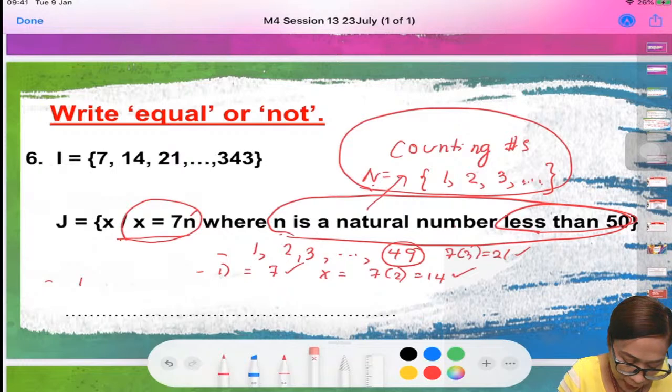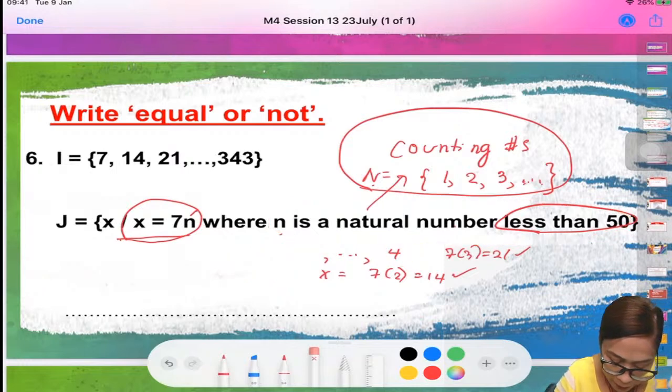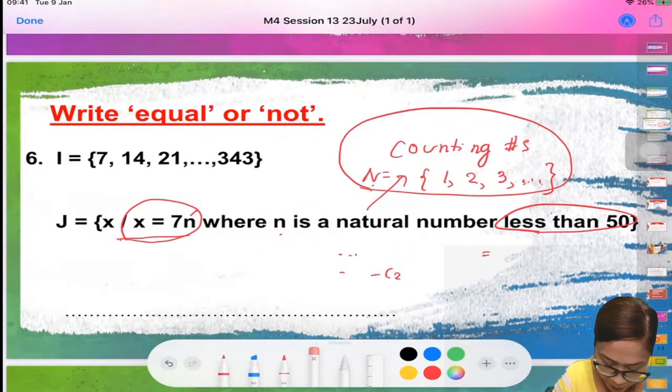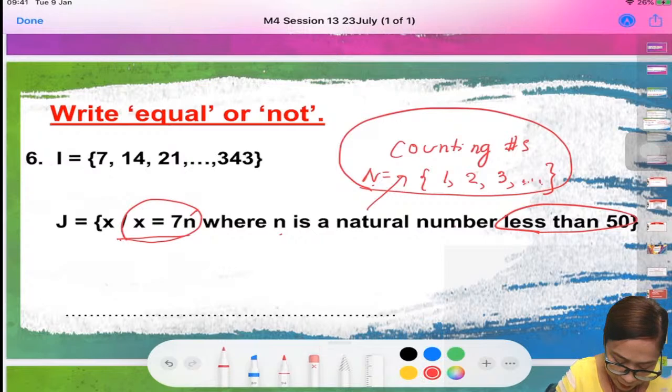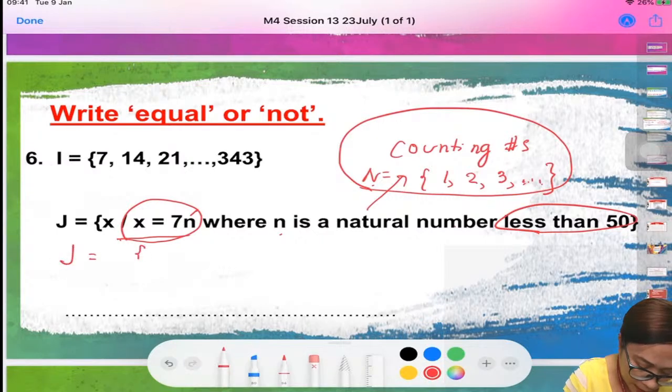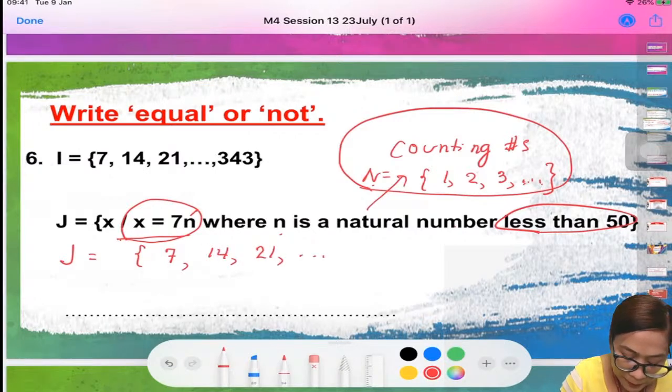So if you are asked to write the answer in roster form, let me erase quickly. So J is equal to the set of the first answer that we had, 7 times 1, which is 7. 7 times 2 is 14. 7 times 3 is 21. Ellipsis.